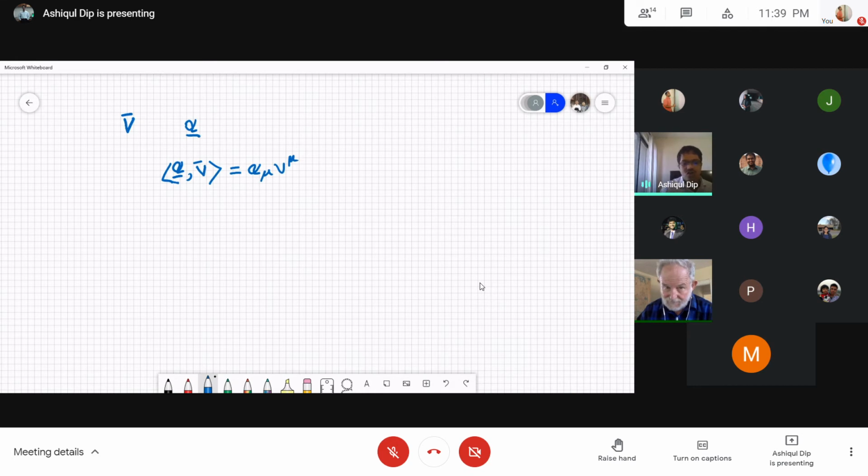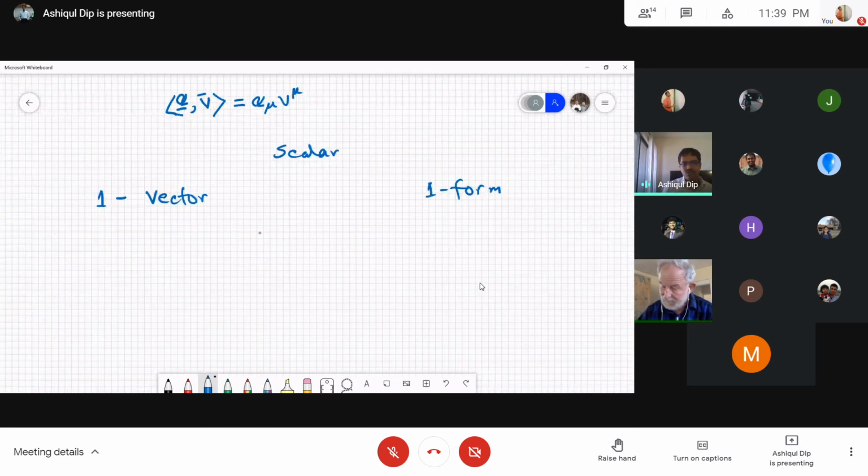So we had scalars, a vector, and a one form. Using these, we can produce more types of tensors.